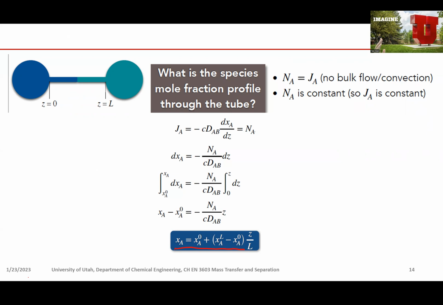We know diffusion is happening in the tube between the two bulbs. So the concentration of A is changing, right? Now with the steady state assumption, we need to know how the mole fraction of A changes with location. So in the end, we just need to find out how XA depends on Z. That's what we are trying to do.